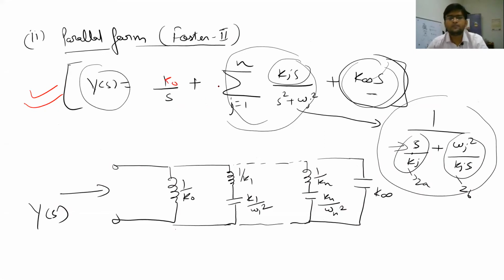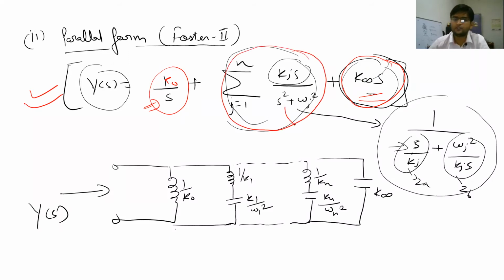If you see this function, what does this represent? This represents a pole at the origin, right? What does this represent? This represents a zero at the origin, right? And if you see this function, what are the things that this represents? If you see the poles, s is equal to plus minus j omega. So you will see that the poles are lying on the j omega axis.